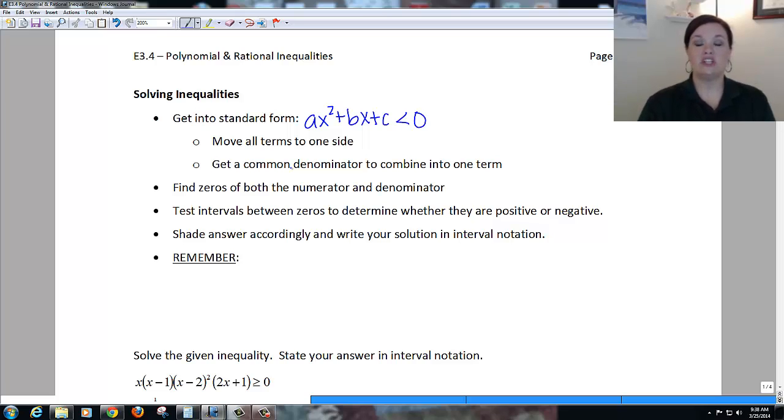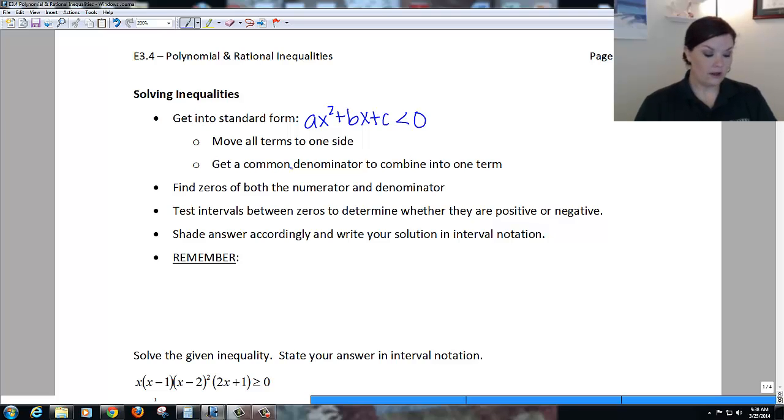Okay, and then we shade our answer accordingly. So if we want the greater than intervals, we would shade all the intervals where the y's are above the x-axis. If we want the less than intervals, we would shade all the intervals where our y values are below the x-axis, or our negative intervals.